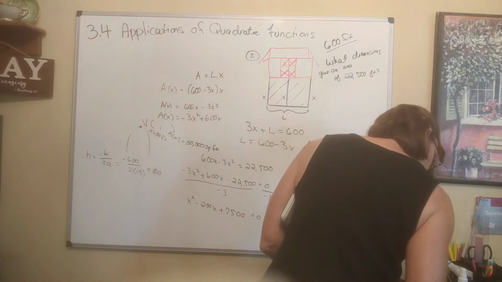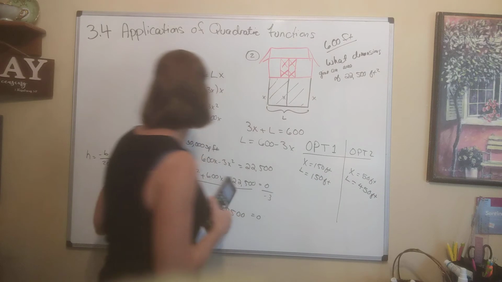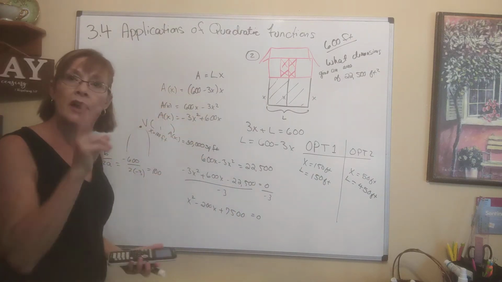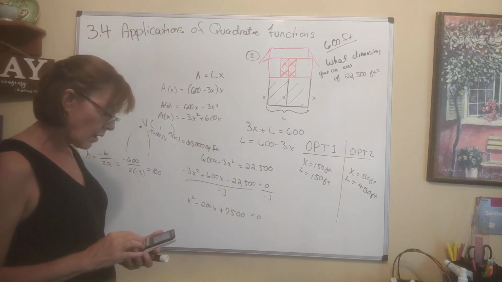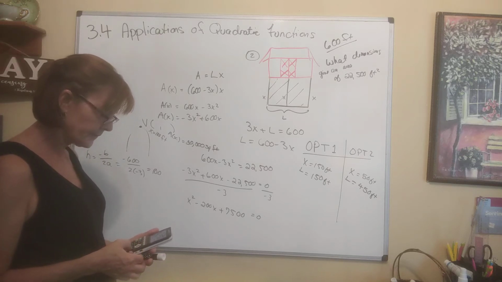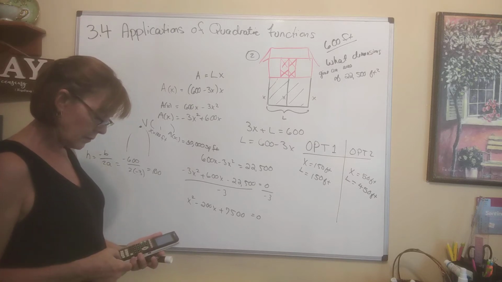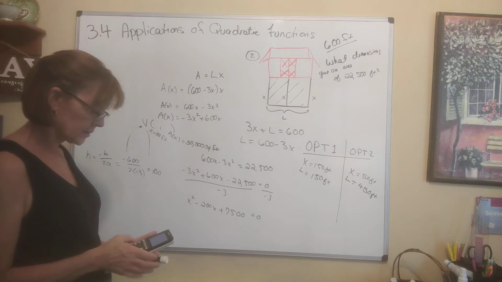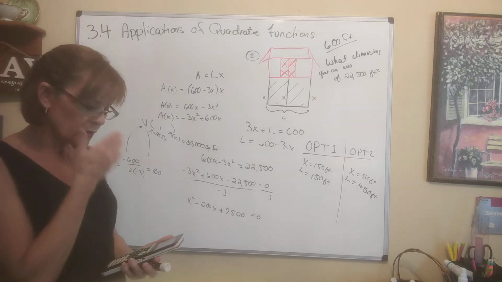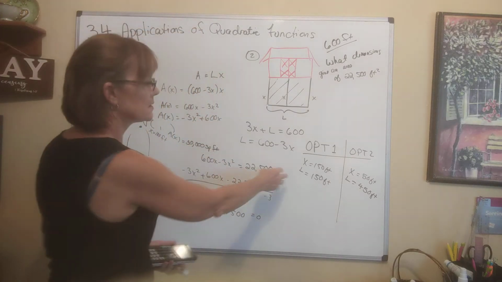So, let me just see if I like that. Yeah, that looks good. I'm going to graph this on my graphing calculator as a check. So let me see. I'm going to enter this expression. I'm going to enter negative 3x squared plus 600x. And so on my window, just as a check, the x value is going to be, this is the length.